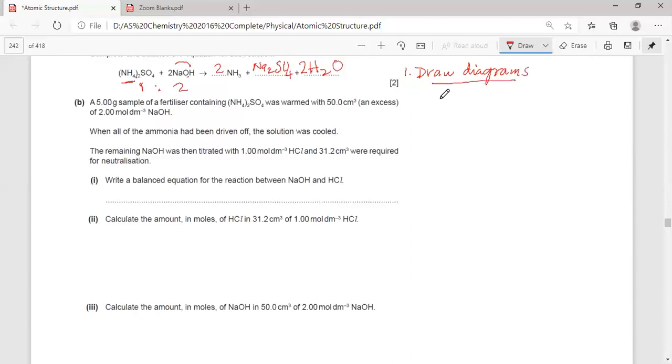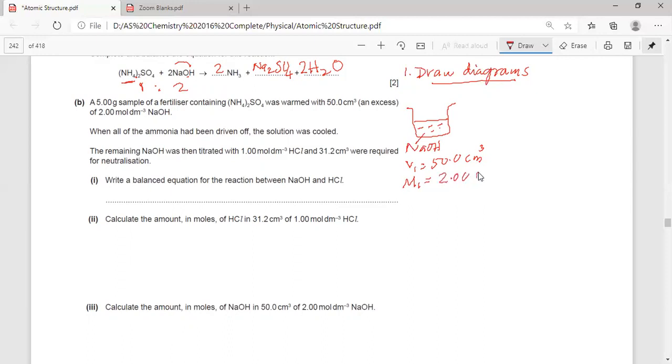Very simple. I'll put first a beaker. In the beaker you have NaOH. The volume V1 is 50.0 cm3. As you read, you draw the diagram and label the molarity M1, 2.00 mol/dm3. Label 1, 2, 3 so that you won't get mixed up.